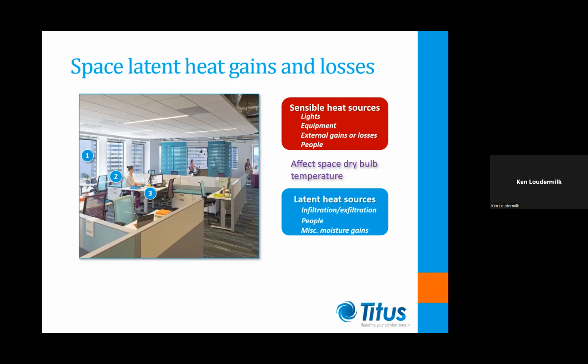And finally, devices such as coffee makers may add moisture as well as heat via evaporation of water into the room air. The HVAC system must thus deliver drier supply air at a sufficient flow rate and moisture content to offset these space moisture gains.